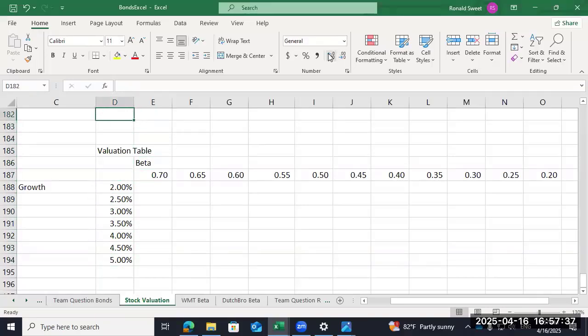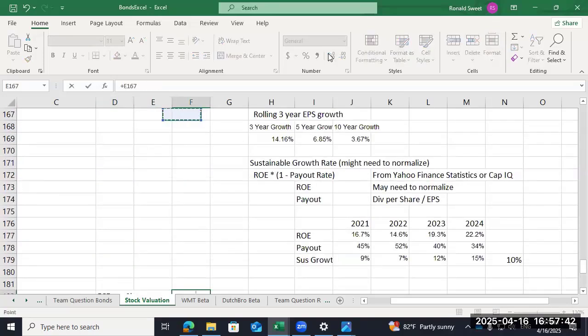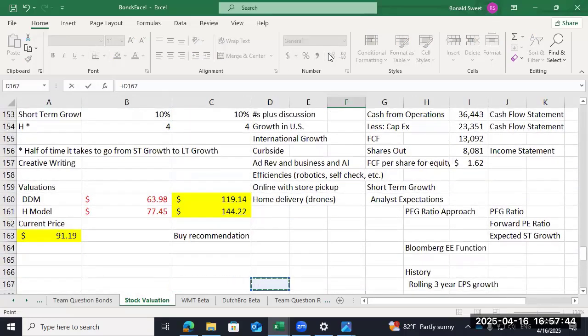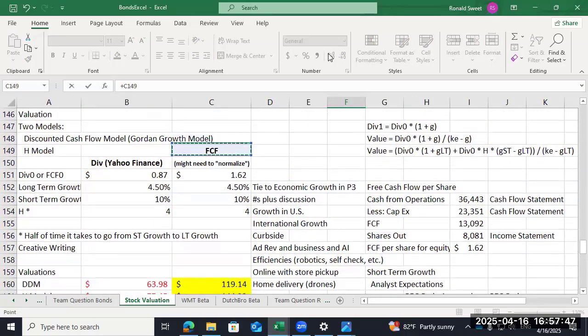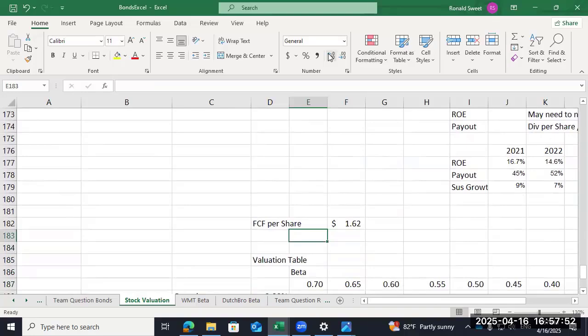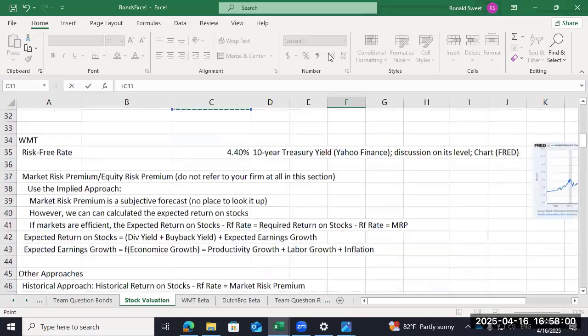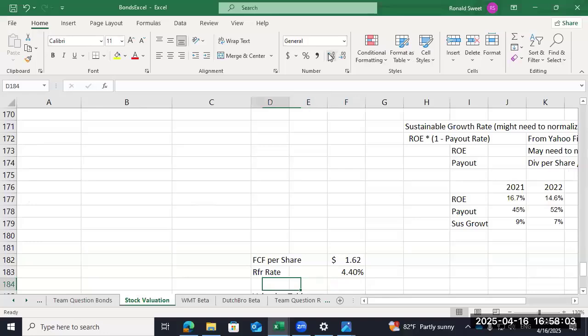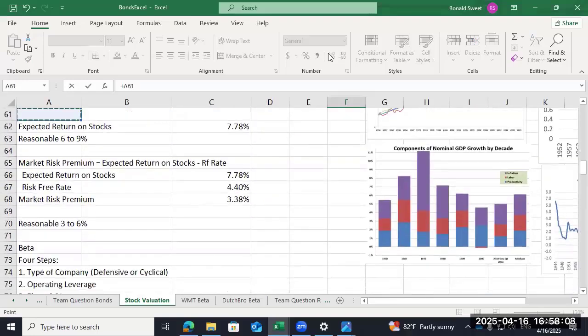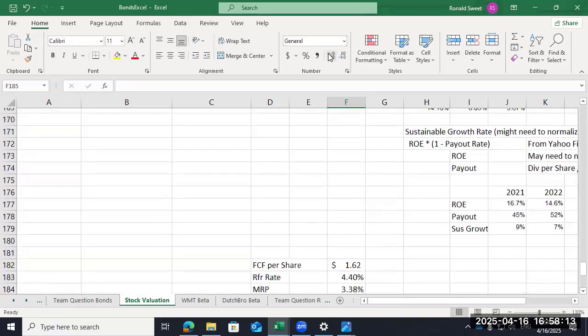So for the value of the stock, we have the free cash flow per share. I'm just going to bring it down so I can find it again, of $1.62. The risk-free rate was 4.4. Market risk premium is 3.38.